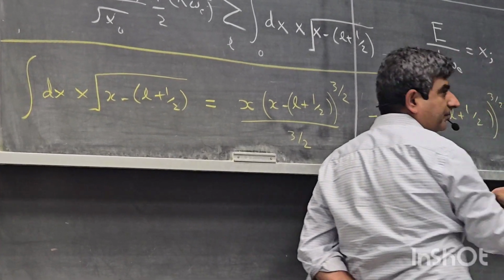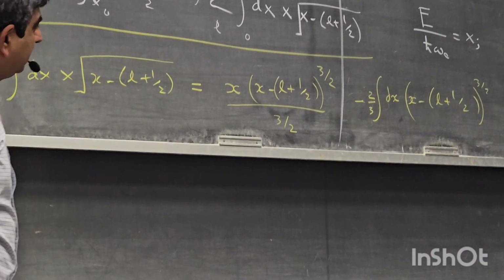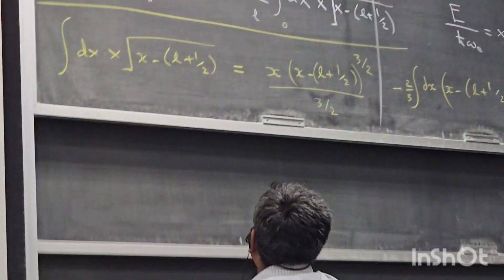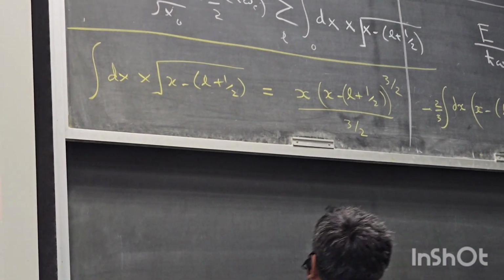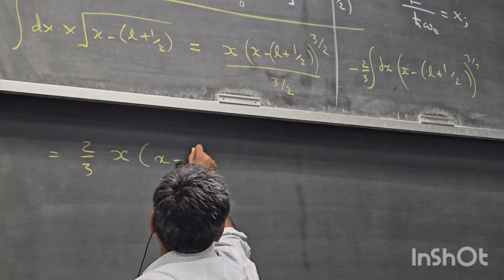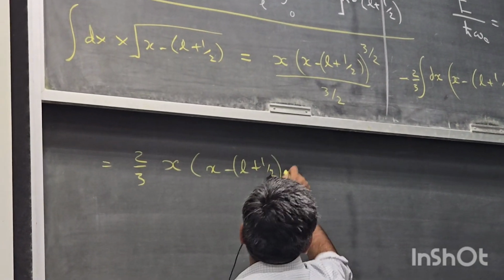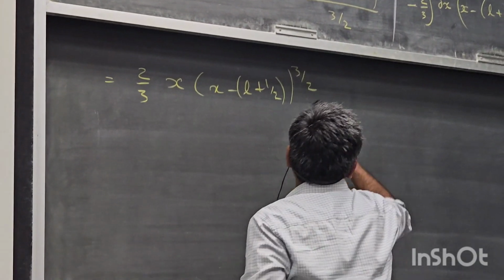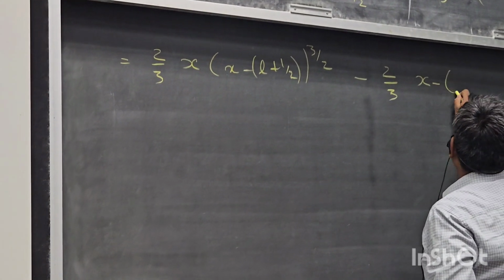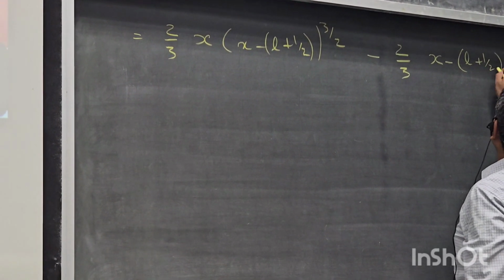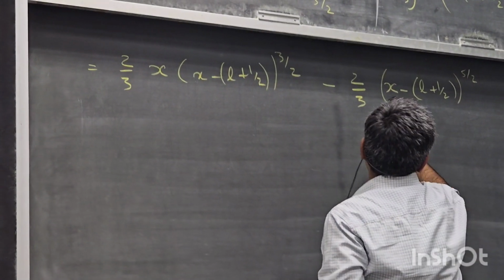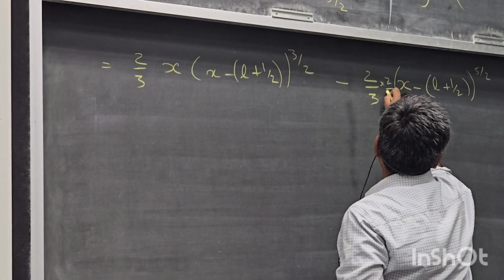Correct? This is what it might look like. So the next step, I can write this as 2/3 x (x minus L plus half) to the 3/2 minus 2/3 times (x minus L plus half) to the 5/2 times 2/5, okay.